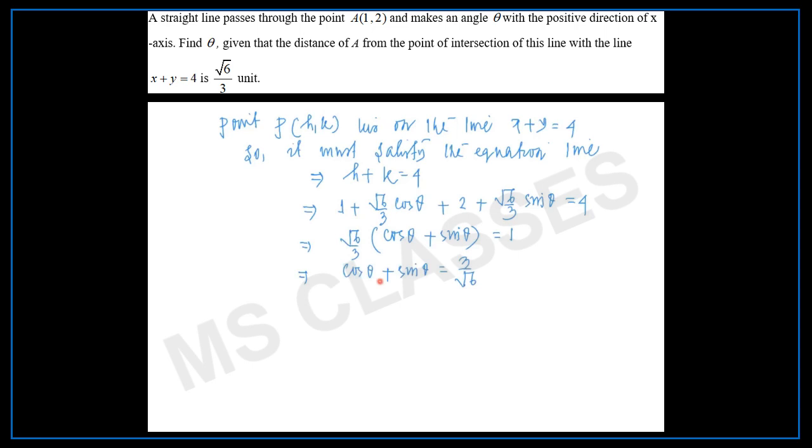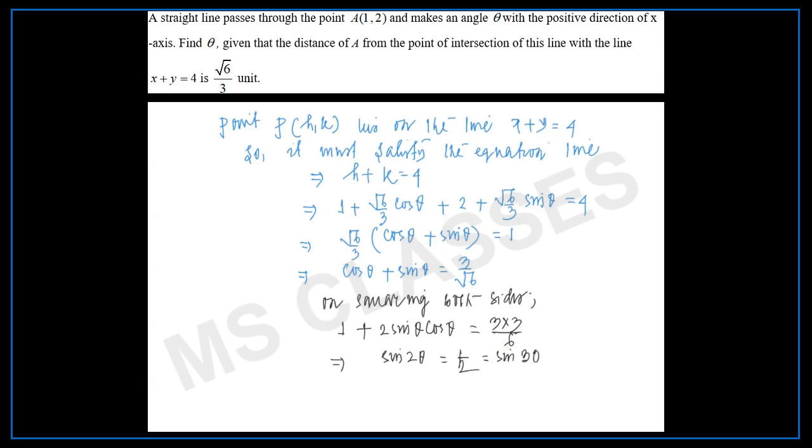Now we have to find theta, so we square it. On squaring both sides, we get 1 plus 2 sin theta cos theta equal to 3 into 3 by 6. Now sin 2 theta equals half. Half we can write as sin 30 degrees, or we can write sin 150 degrees.